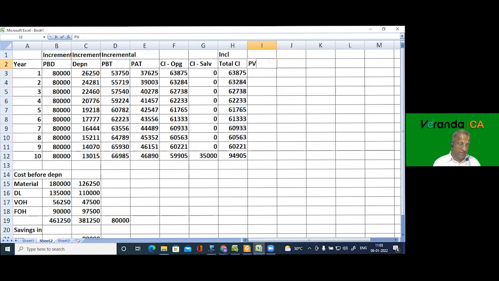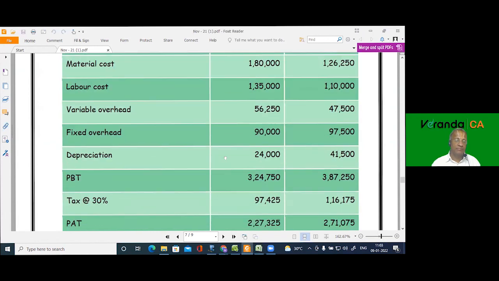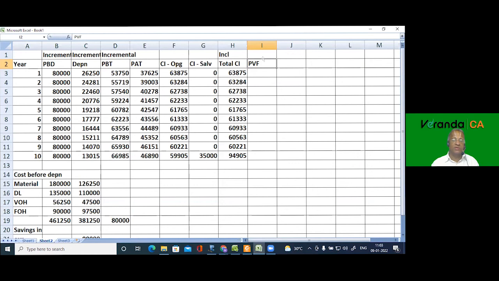Then PVF. What is the cost of capital? For this, they give us 10%, with 3 decimals. PV factor is 1 divided by 1 plus 10% to the power of n.